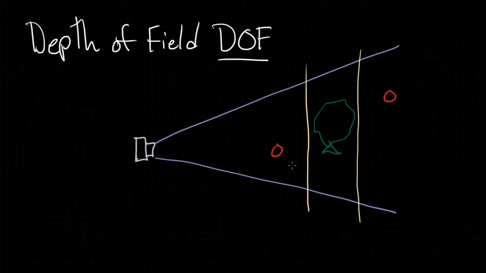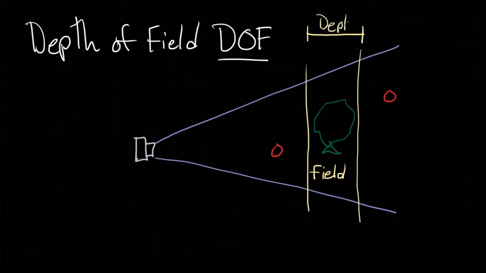It's the area we want to be in focus. So this area is called the field. This is what we're taking a photograph of. What we're interested in is the depth of this field.